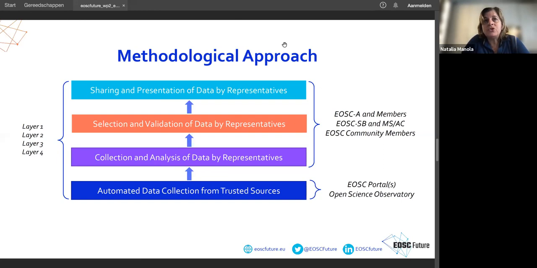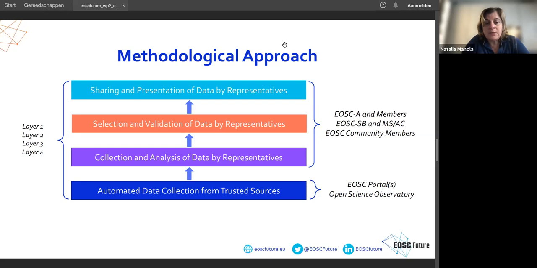So we're touching upon services, participation, and open data. In a country or in an institution, usually there is not one person that has the whole knowledge of what's going on, even if this person comes from a mandated organization or from the EOSC working group.